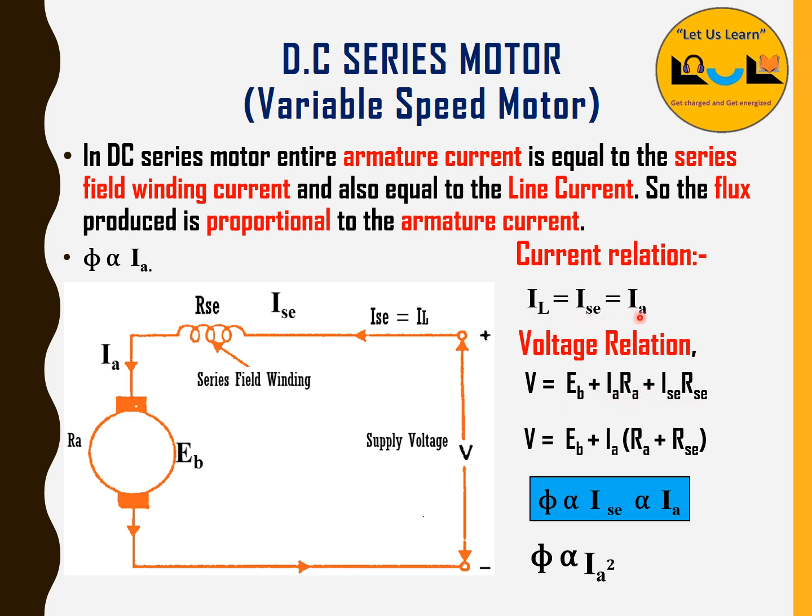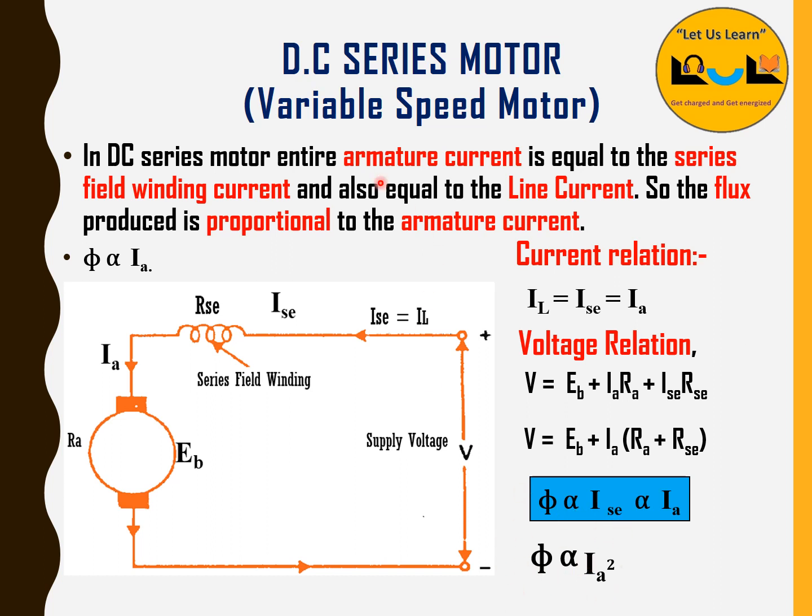Since we already discussed that IA is equal to ISC, which is equal to IL, if I replace ISC with IA, V is equal to EB plus IA, taking common, RA plus RSE. The flux is directly proportional to the series field current, which is the armature current. If I substitute here, flux will be directly proportional to IA square.